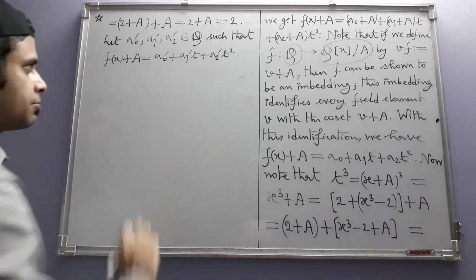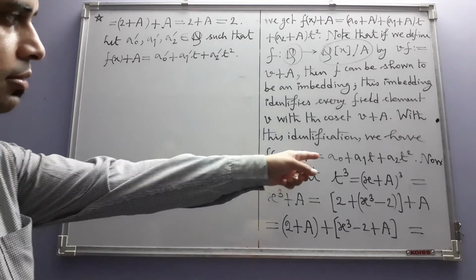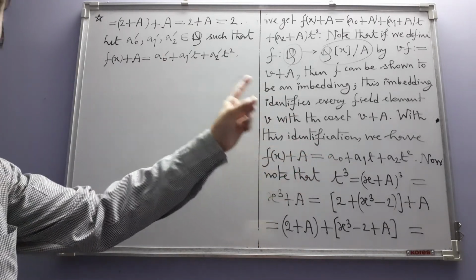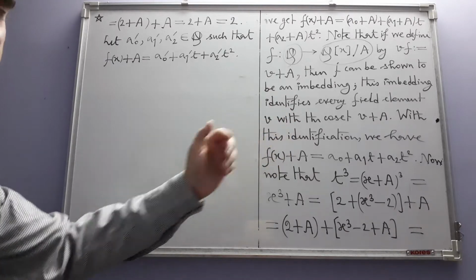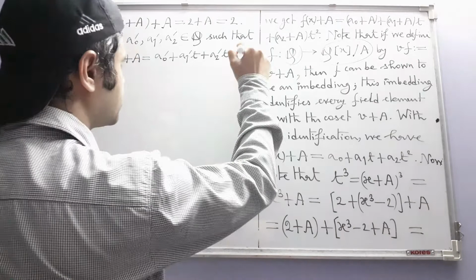Then can we say that they are the same by saying that a naught is equal to a naught prime, a1 is equal to a1 prime, and a2 is equal to a2 prime. So we are aiming to show that that is the case.